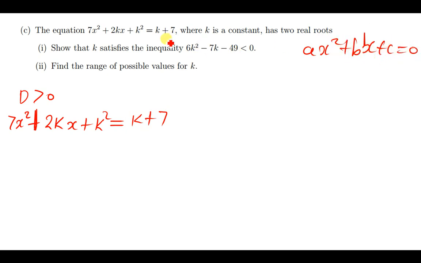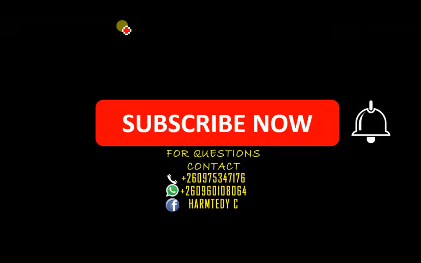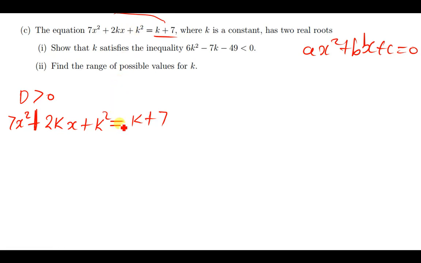So we arrange everything, meaning we're taking these terms to the other side of the equal sign. Okay, so let us do that. We have 7x squared plus 2kx, then plus k squared. Then we take this to the other side of the equal sign. We're going to have minus k, and then minus 7, of course. And then we say this is equal to 0.